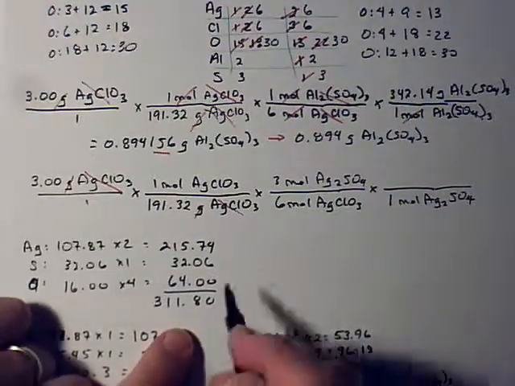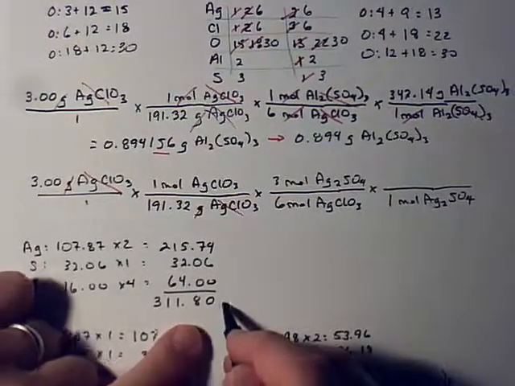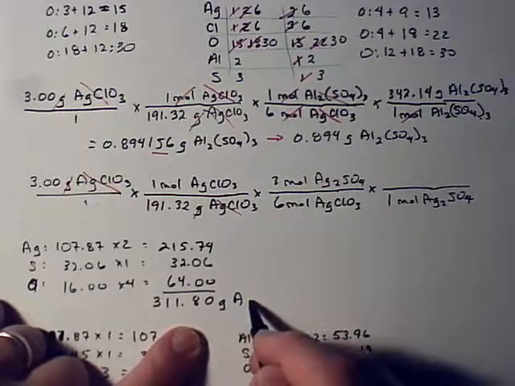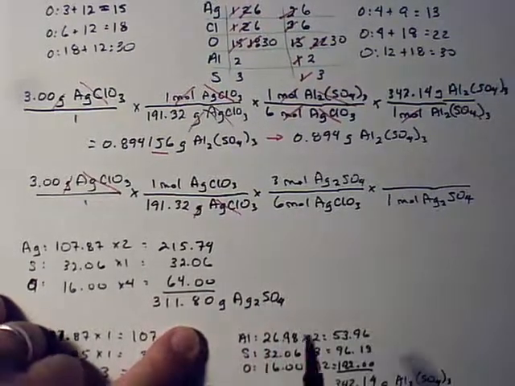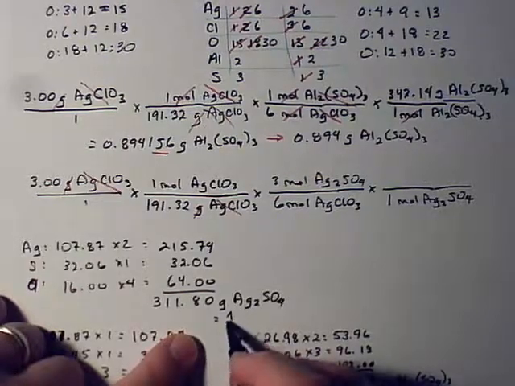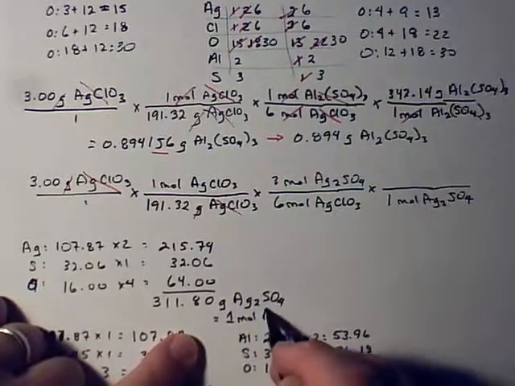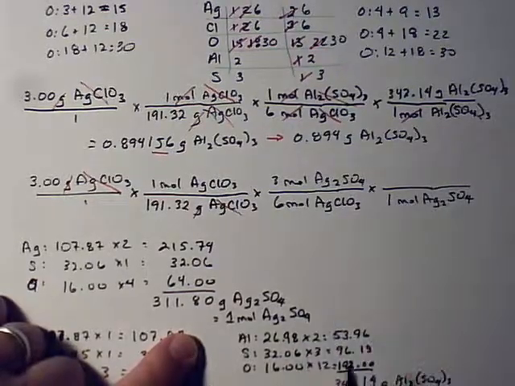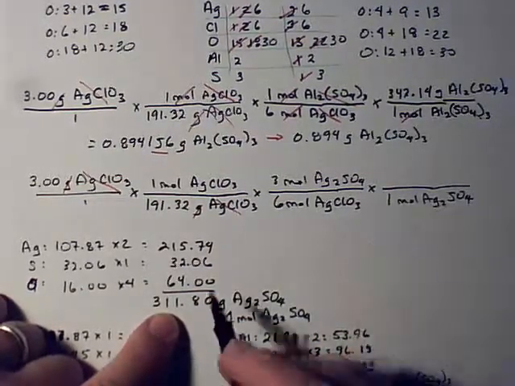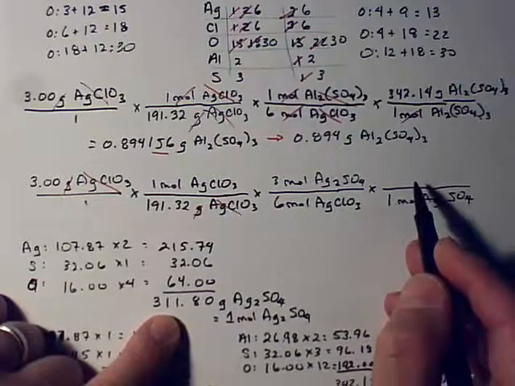All right, so the molar mass is this, and this is grams of silver sulfate, and that's equal to 1 mole of silver sulfate. Okay, so we're going to put that number, the grams, on the top.